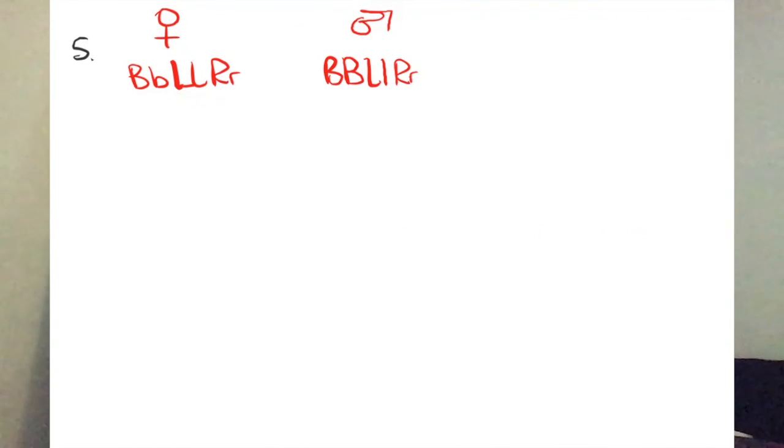So this is a little bit tricky. Let's start with brown eyes first. Red is dominant, brown is recessive. So there is a 1/2 chance that this female will pass on the lowercase r, and a 1/2 chance that this male will pass on the lowercase r. So 1/2 times 1/2 is 1/4. That's one of our values.